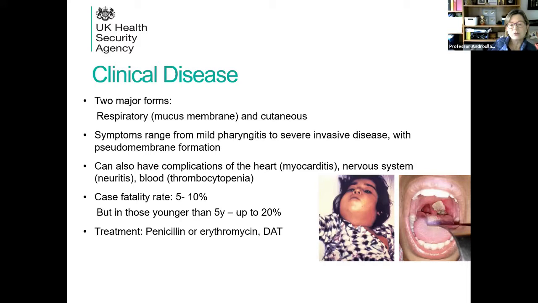As I said earlier, the case fatality rate is quite high, and even in the younger population it can be as high as 20%. Fortunately, there is treatment, that is diphtheria antitoxin, and of course antibiotics, usually penicillin or macrolides, such as erythromycin.